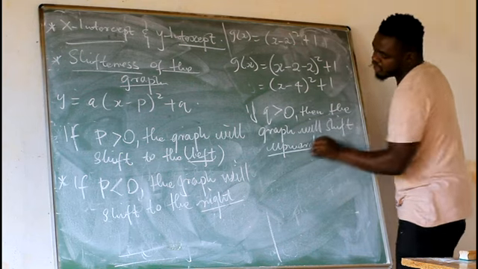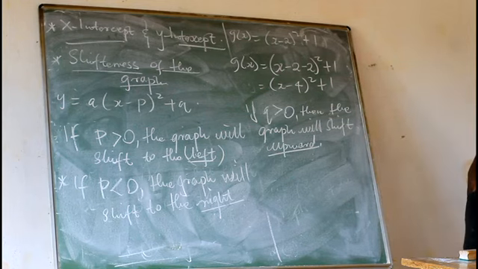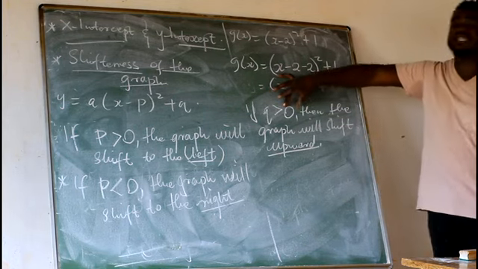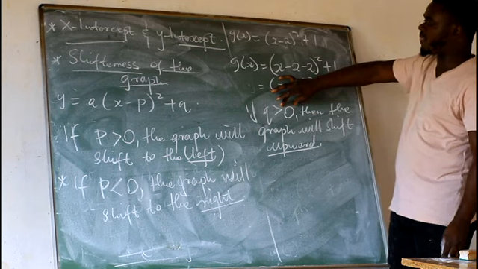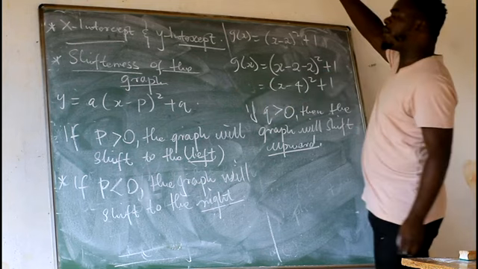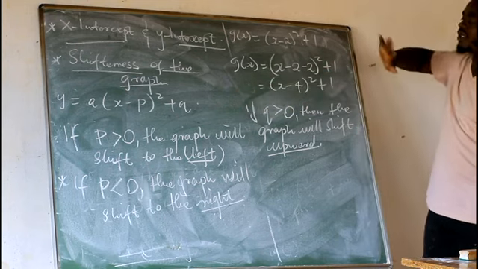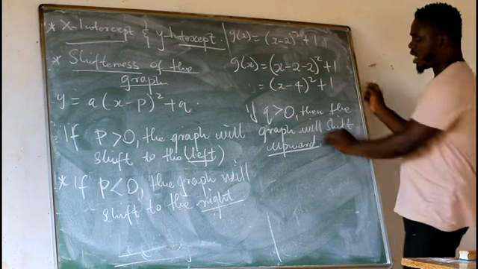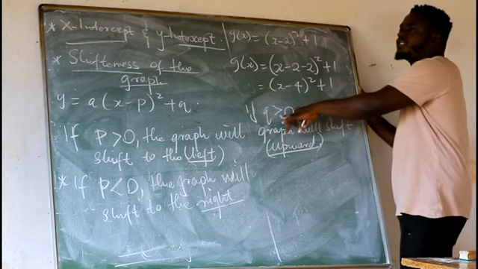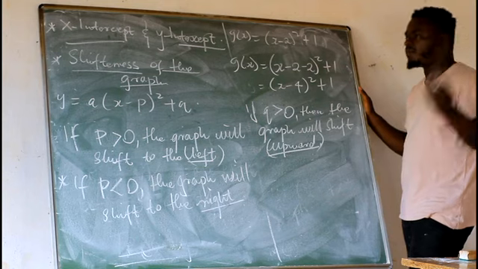So our q is greater than 0, and the graph will shift upwards. We just don't know how many units, but it will move upwards, only if q is positive. Greater than 0 simply means positive.